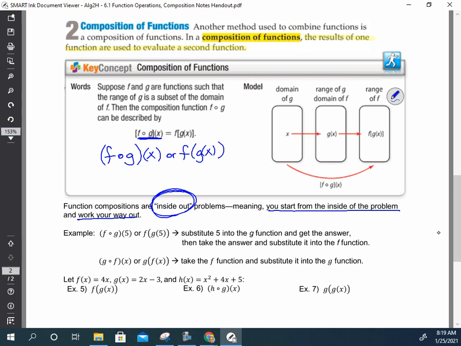In English, this is called F of G of X. That's how you would pronounce it. This would mean you would take the G function and plug it into the F function.